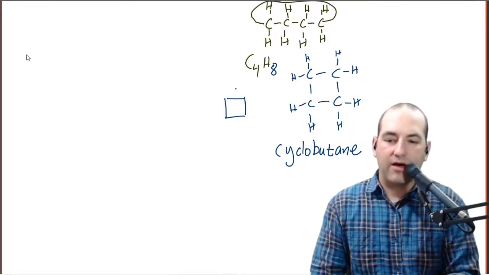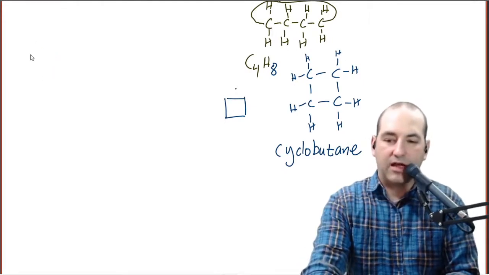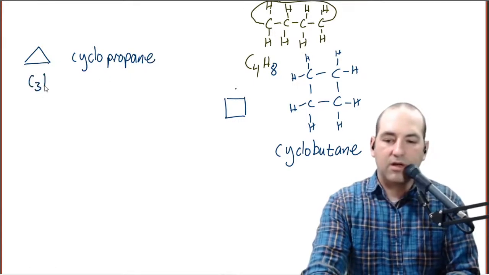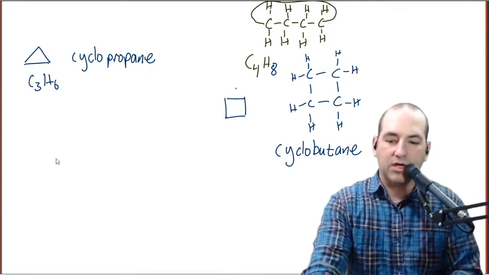So we could also have the smallest possible cyclic alkane, which is cyclopropane, which is C3H6. And then we've got cyclobutane.